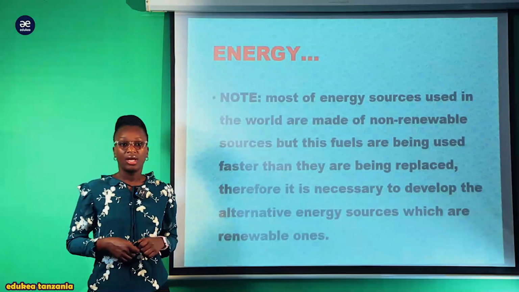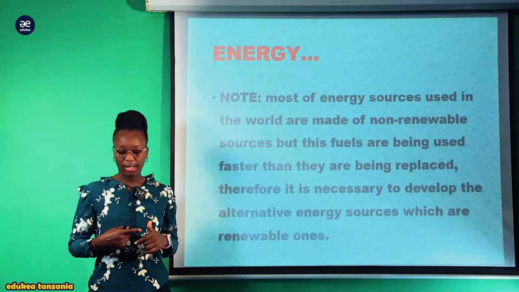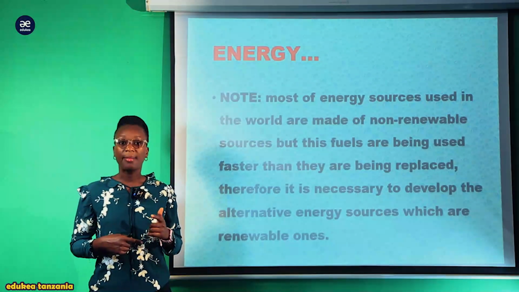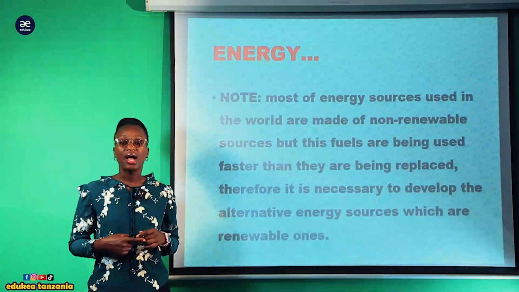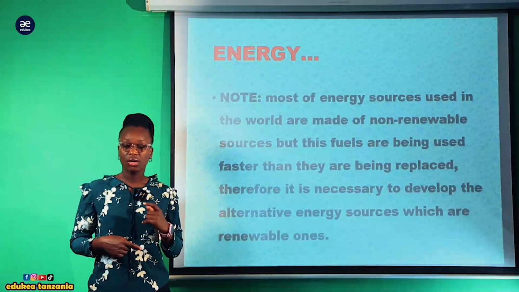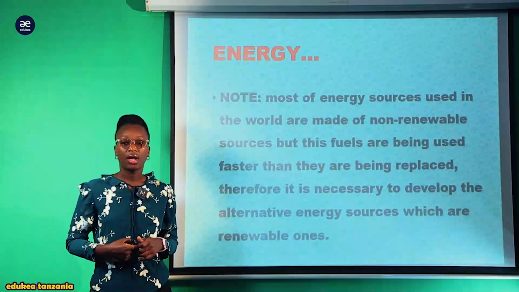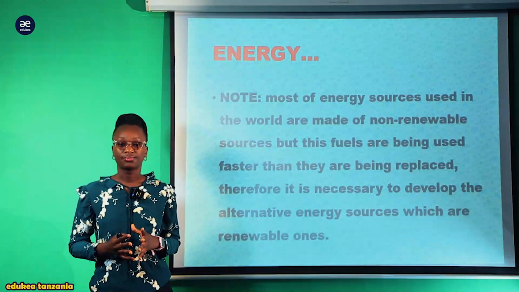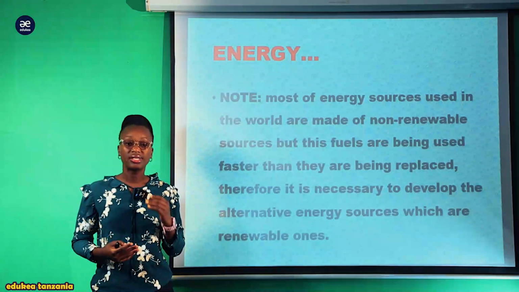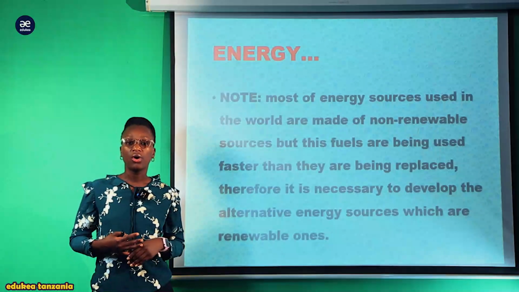Na hii inakuwa ni tatizo kidogo, kwa sababu kama hizi fossil fuels zenyewe kama ina take long time to be produced, kama ikishatumika ndo basi tena, and it will take a long time to be formed again. So you can see it's very difficult.